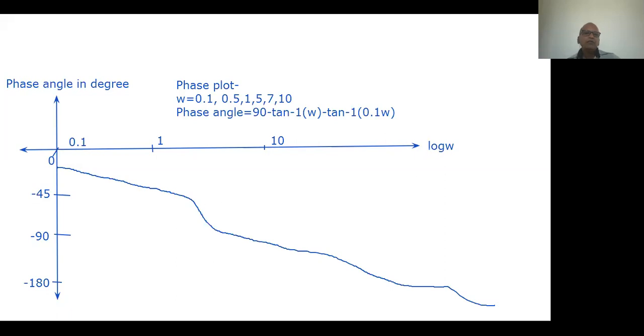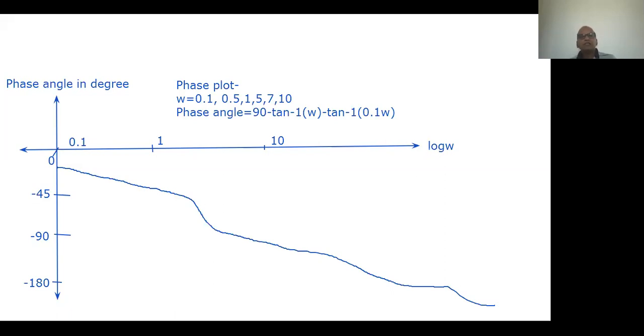And if you check the stability, the phase plot never crosses the minus 180 degree line. Gain margin is plus infinity, hence the given system is a stable system. If you draw with scale on a semi-log paper and check the gain margin and then phase margin and comment on its stability.